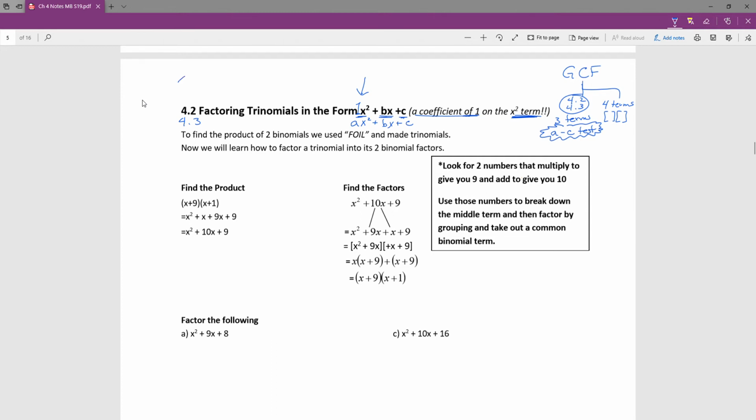So FOIL would have us go from 2 brackets, so an x plus 1 and an x plus 1. This would be chapter 3 and FOIL. We'd have an x squared and a plus 2x and a plus 1, right? Now, we're going to learn in this part of this chapter how to do it in reverse.